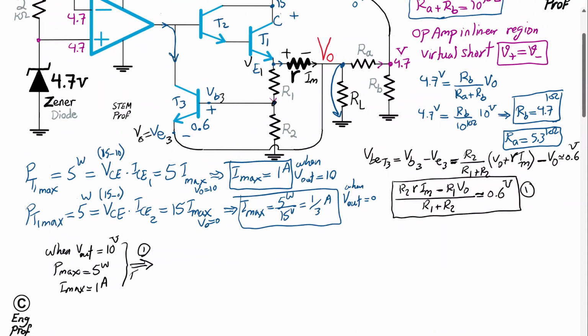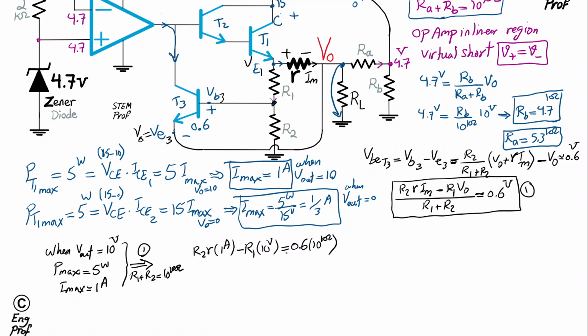So with the knowledge that R1 plus R2 is 10 kilo ohm, then we can say R2 times Imax, which is just 1 amp in this scenario, so 1 amp, minus R1 times Vout, which is 10 volt in this scenario, so times 10 volt, is equal to 0.6 times R1 plus R2, which is 10K.